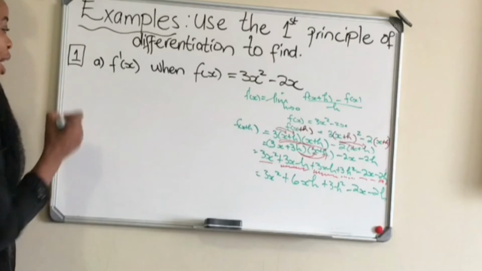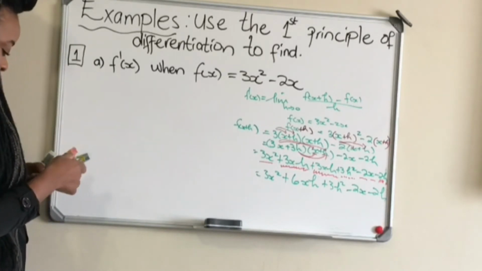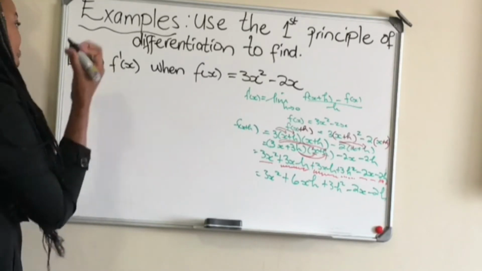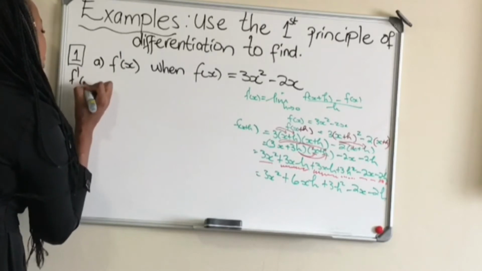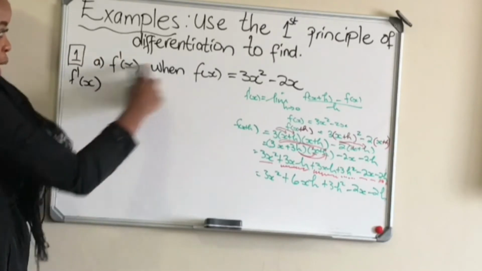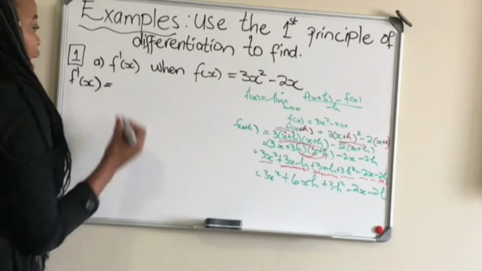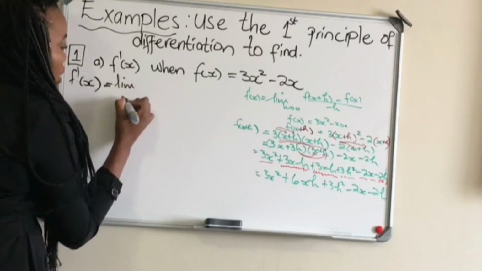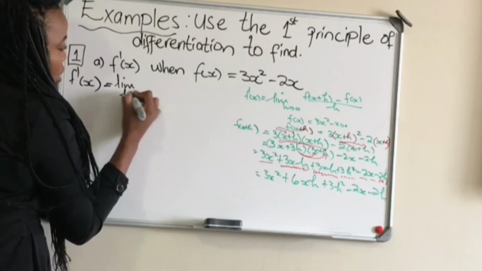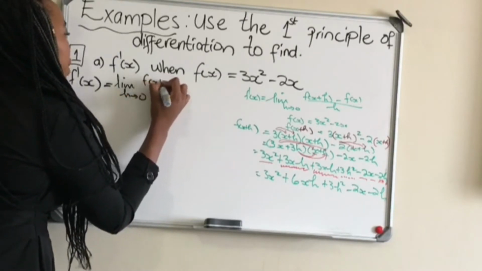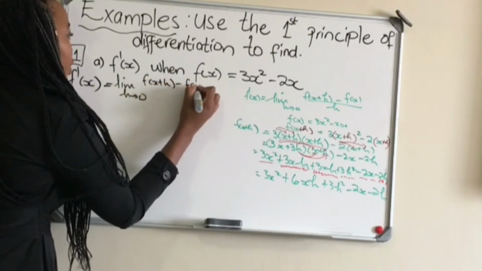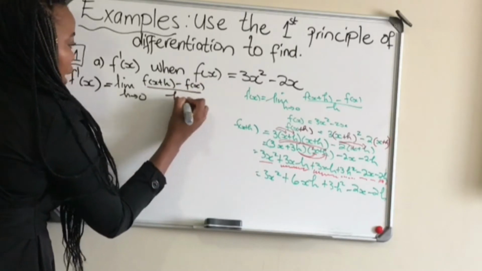So what do we have? We now continue with our calculation. What we have is f prime of x for this, which is what we want in A, is equal to, we know that it's the limit as h approaches 0 of f of x plus h minus f of x over h, right?